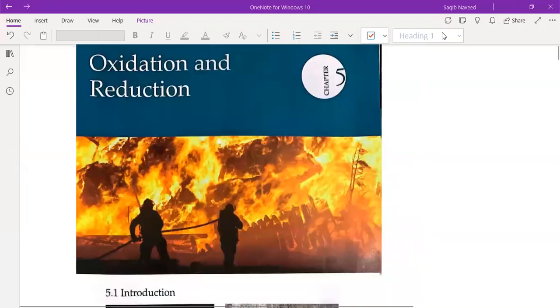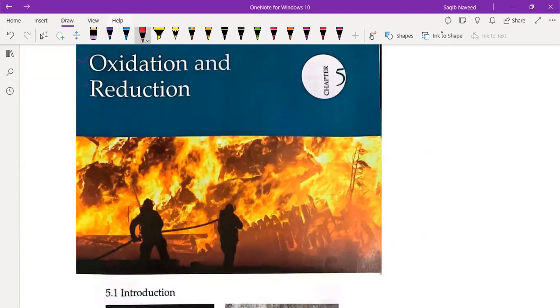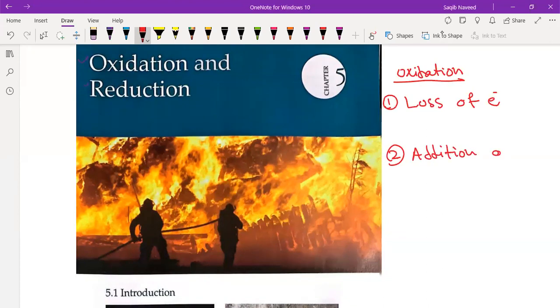Oxidation and reduction. ऑक्सीडेशन रिडक्शन बेसिकली क्या होती है? अगर हम इसका कंपैरिजन करें तो ऑक्सीडेशन जो होती है इसकी तीन डेफिनेशन हैं. The first definition is loss of electron. Second definition would be as oxidation is the indicator of oxygen, so it could be addition of oxygen.